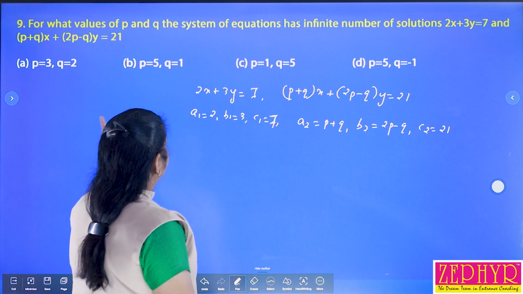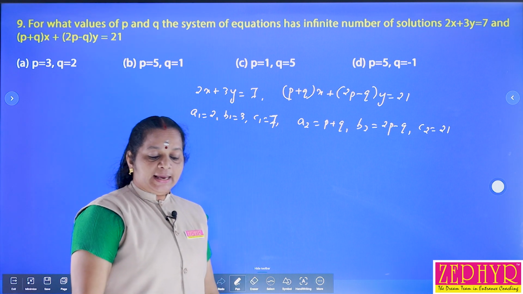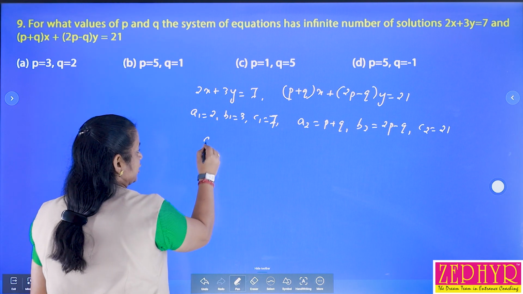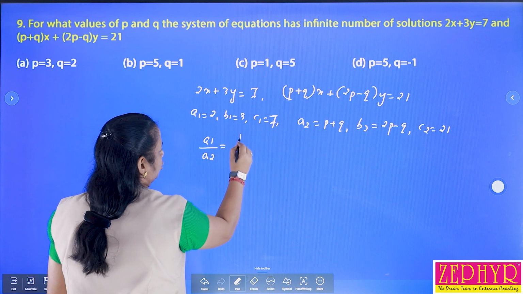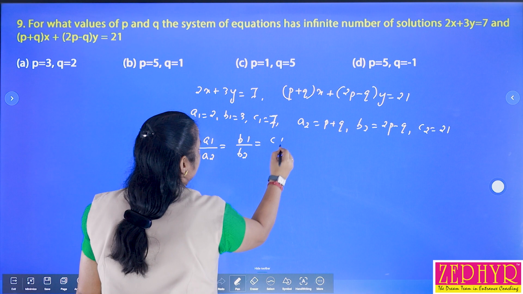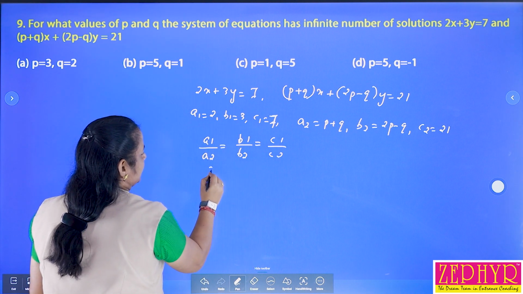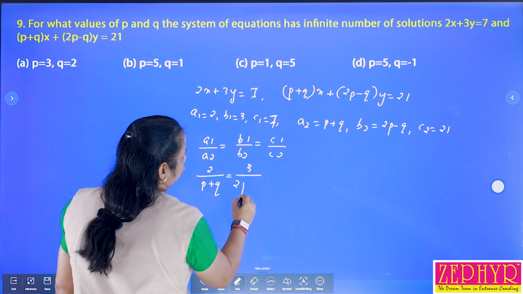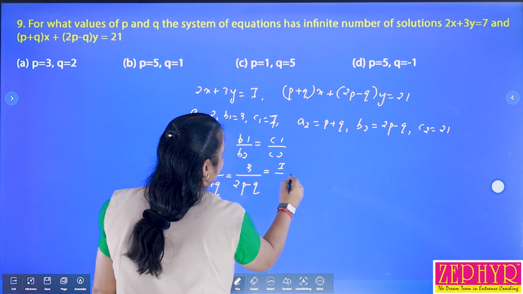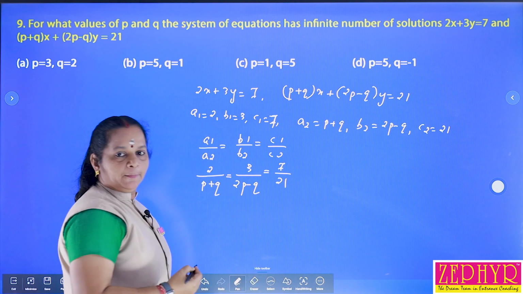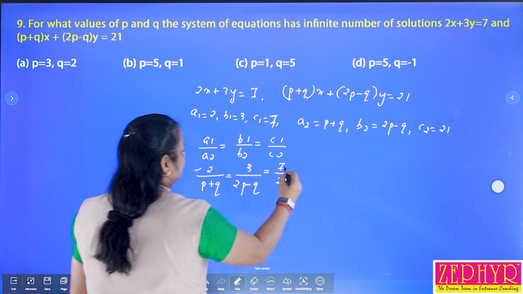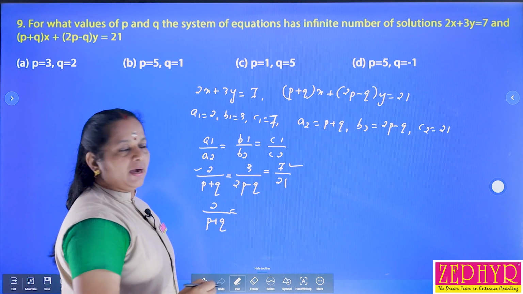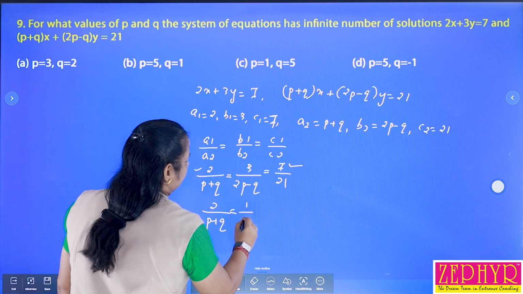In this question, the condition is that the system of equations has an infinite number of solutions. What's the condition for an infinite number of solutions? a1/a2 = b1/b2 = c1/c2. So 2/(P + Q) = 3/(2P - Q) = 7/21. Equating the first and the last, 2/(P + Q) = 7/21, so it is 1/3.